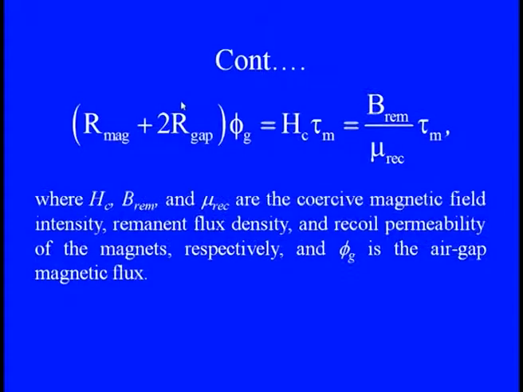So here you see the clear conversion when the electromagnetic forces or the electric energy is being passed, and it is absolutely sensitive to how much air gap there is in this magnetic flux. So Brem by mu Rec into tau m is clearly deciding how much phi z is required.